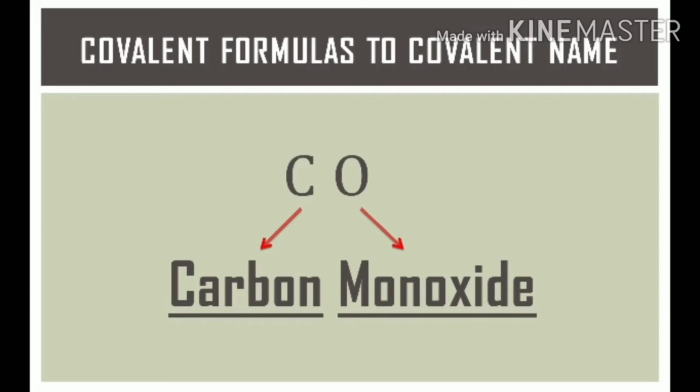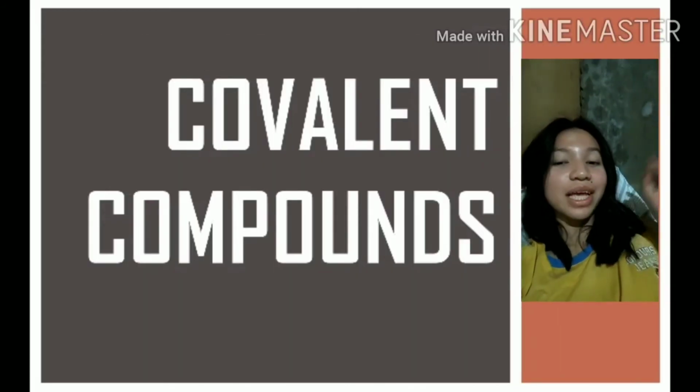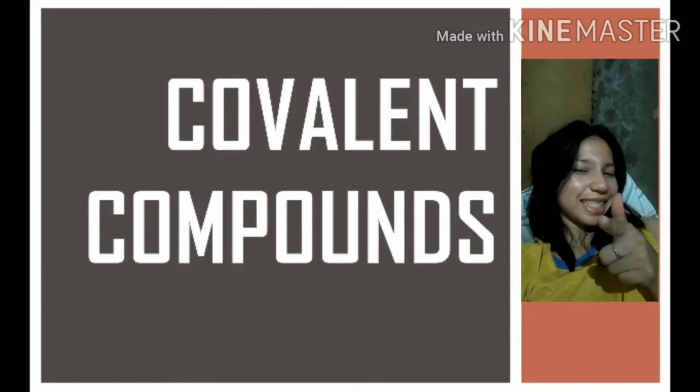So all in all, CO is equal to carbon monoxide. Again, CO is equal to carbon monoxide. That will be all in naming covalent compounds from their chemical formulas to their chemical names.